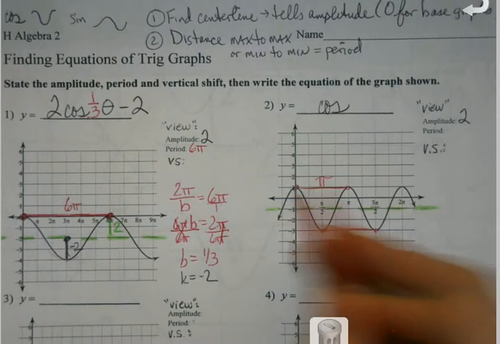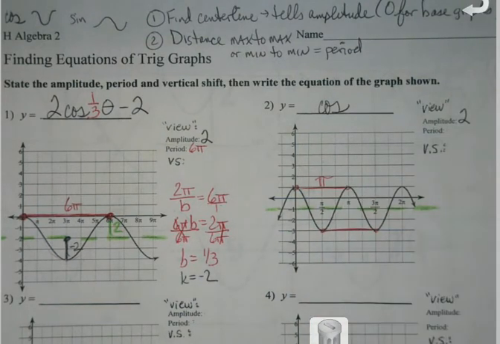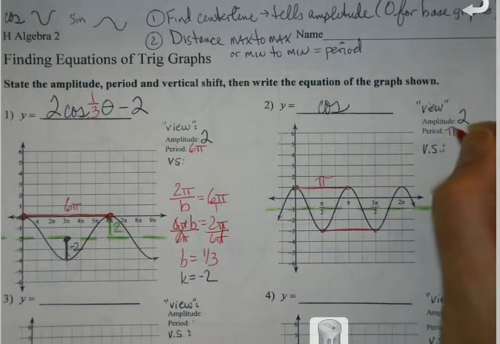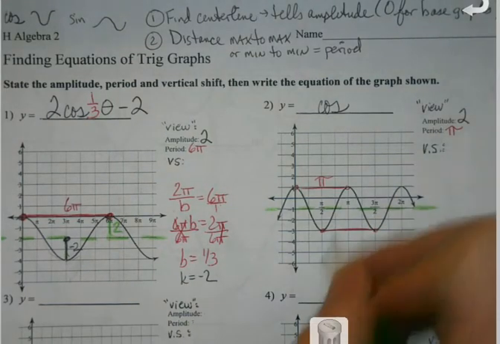Because whether I'm going from 0 to pi, or pi over 2 to 3 pi over 2, it's the same distance. So my period is pi.